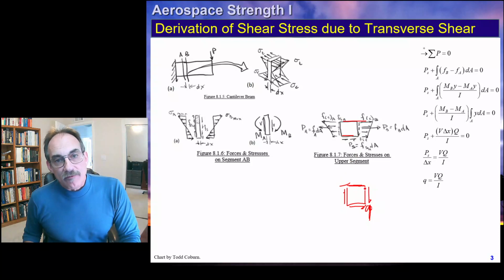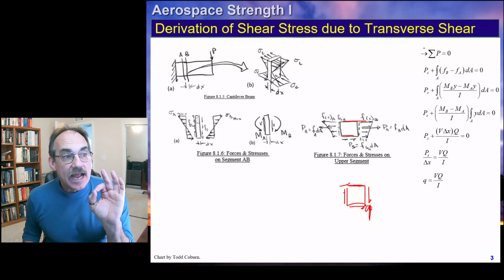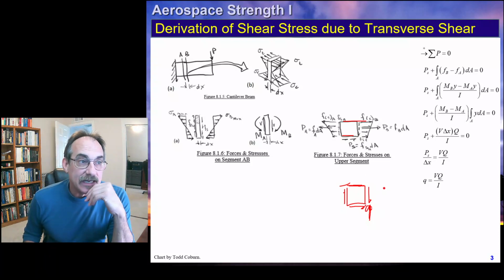But remember, before we were talking about pretending we had a constant shear. In this case, we have a shear that's building up. What we're going to find is that up at the top, the shear flow is 0. At the bottom, the shear flow is increasing. So as we move down, we get an increasing value of shear flow. We're going to talk about that in just a minute.